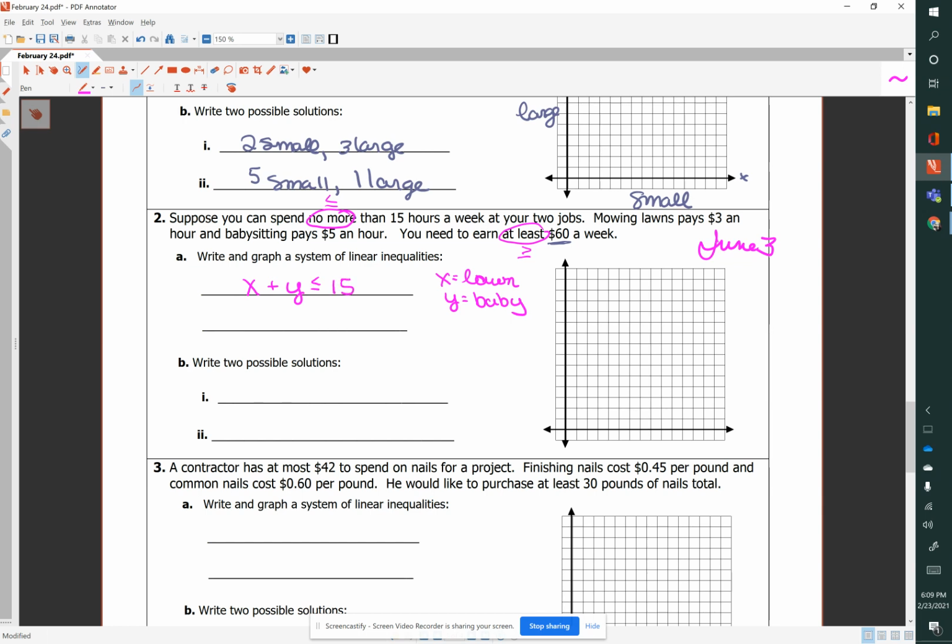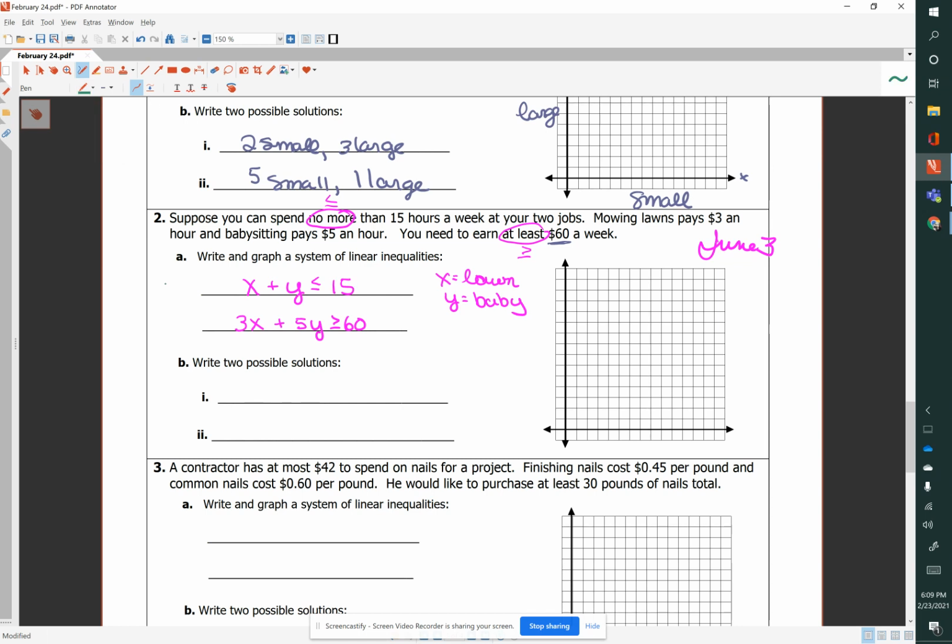You don't want to work more than that, or it might compromise your schoolwork. But we want to earn at least $60. So lawn mowing at $3 an hour plus babysitting at $5 an hour should be greater than or equal to $60. So the next thing we want to do is put these in slope-intercept form. So let's go ahead.